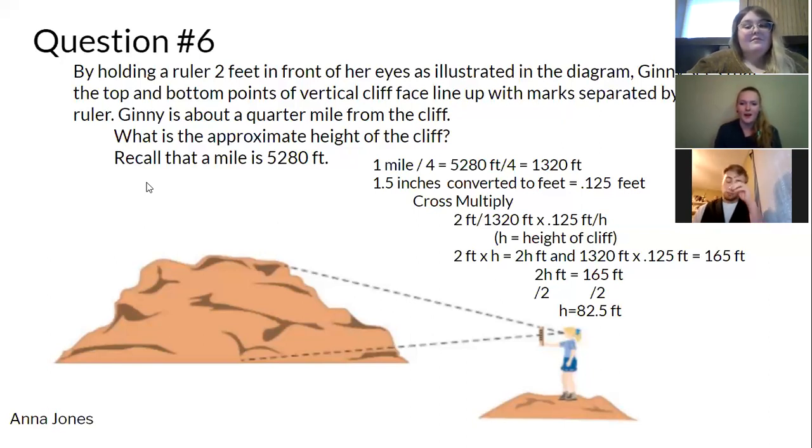And then we have 1,320 feet times 0.125 feet. And we simplify to 2h feet equals 165 feet. And then we're going to divide it by 2 to get the h by itself, being that there's a 2 connected to the h. And then h will equal 82.5 feet.